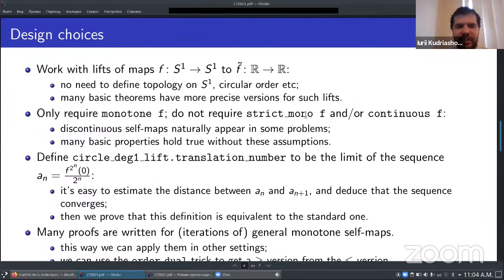Okay, let me not dive into details here. And second, just because we can. Many basic lemmas hold true in these settings, so why require more? And yes, I only work with the lifted map.